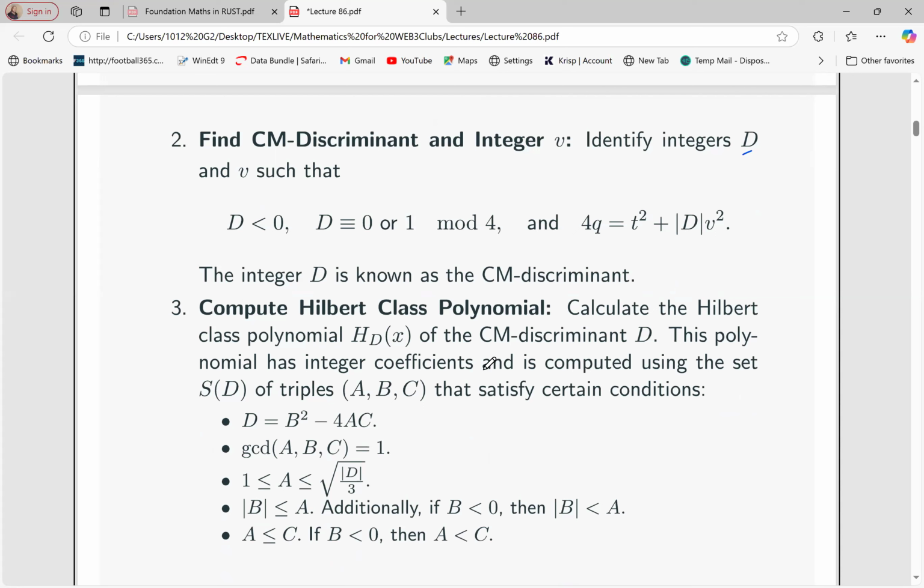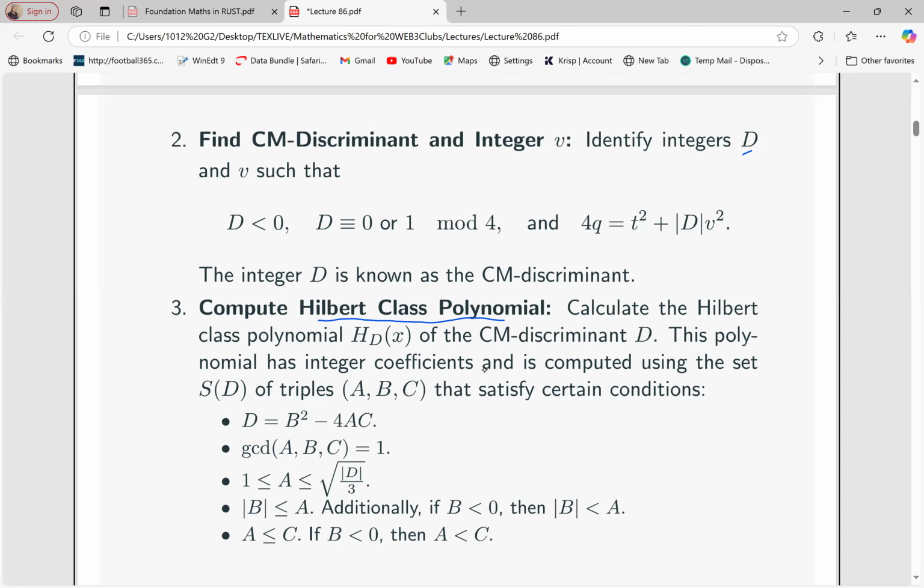So the first step, we choose the field we want it to be in, and the number of points we want it to have, and then calculate the trace. After you're done with that, proceed and calculate the complex multiplication discriminant D and calculate V. After calculating D and V, you proceed and compute the Hilbert class polynomial.